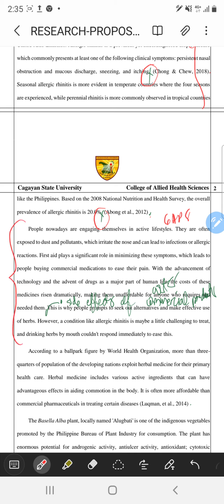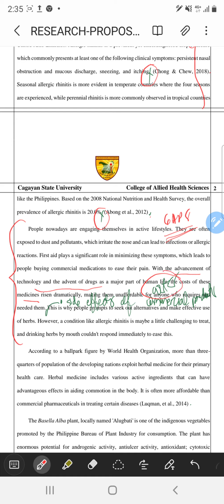You need to emphasize or highlight the gaps. You need to show here that there are other people that don't already have treatment or do not treat their allergic rhinitis. They don't have prophylaxis for this one. Also, we have the other medicines, but you emphasize the cause.